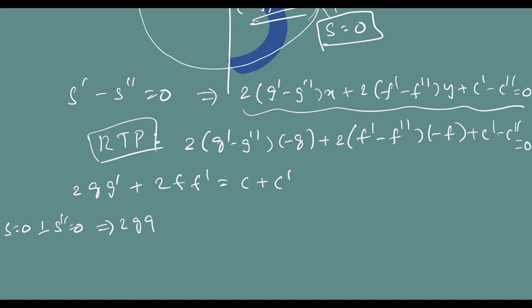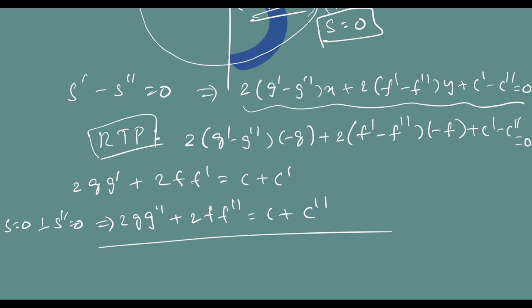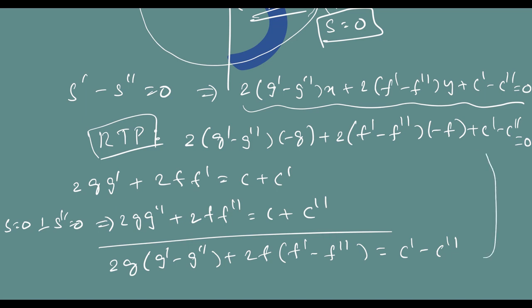So you get 2gg'' + 2ff'' = c + c''. Now subtract one from the other. You will get 2g(g' - g'') + 2f(f' - f'') = c' - c''. Now you bring everything to right hand side, then you can see that whatever you get is nothing but this only.